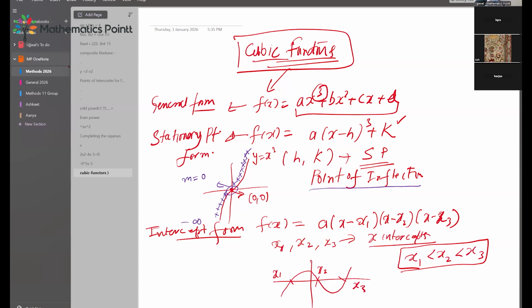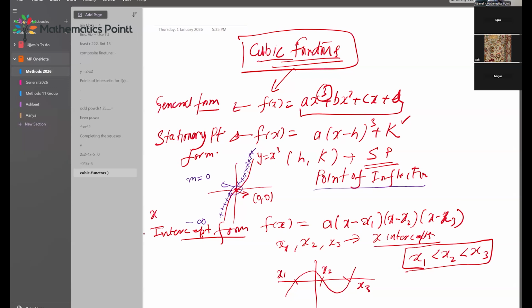So there are 3 forms that I can use for cubic functions or polynomials, if we were to use that term. General form, stationary point form, and the intercept form, the x-intercept. I should say x-intercept. This is the x-intercept, not the y-intercept.